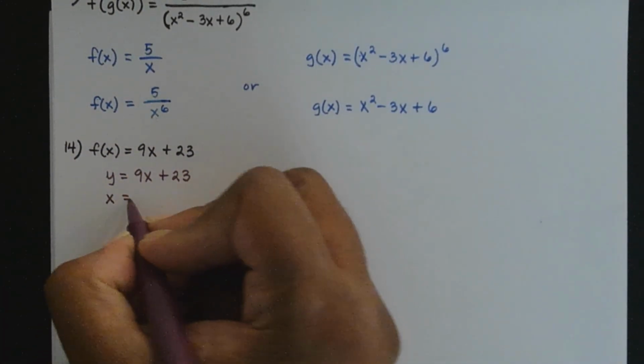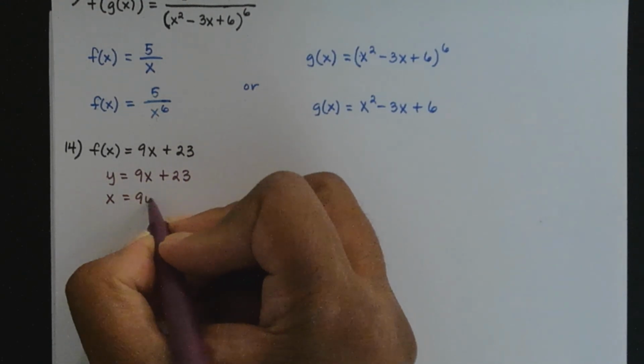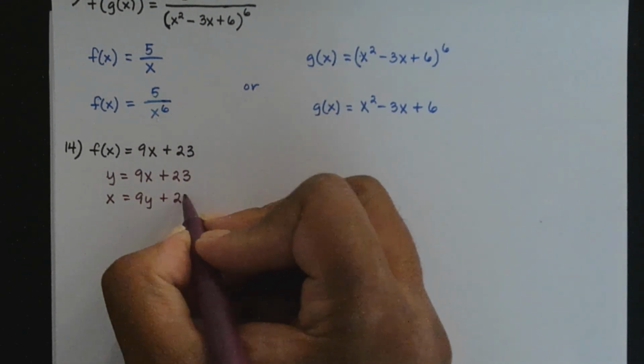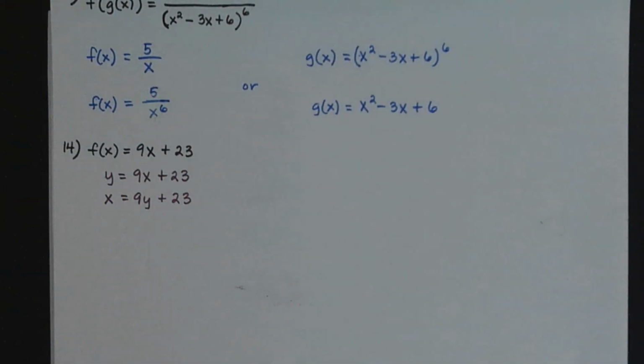So this will be x is equal to 9y plus 23. That means that y becomes your x and every x becomes y. And then next we solve this equation for y.